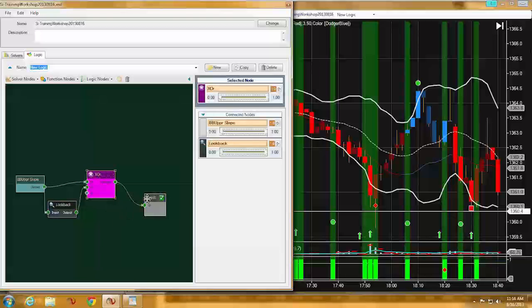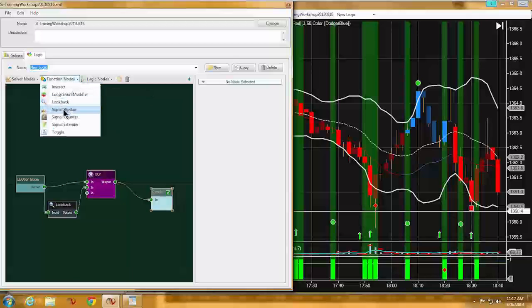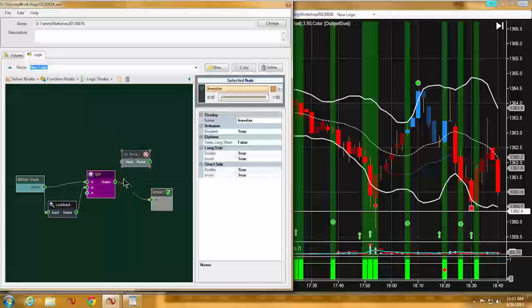So we're kind of getting there, but let me fix that in a moment. I'm going to step ahead and essentially get the correct signal out. So we want short signals to exit the trade. So we'll just use the inverter here.